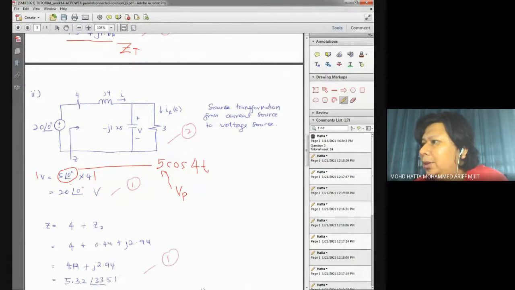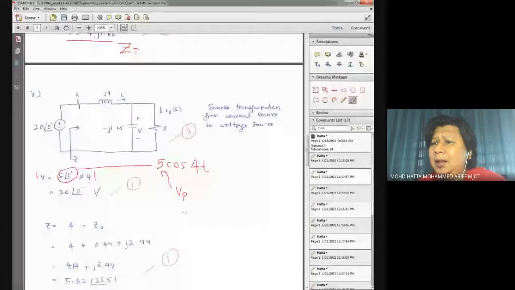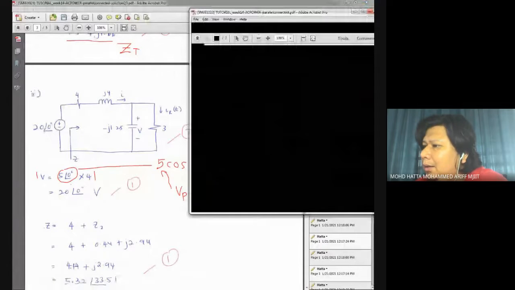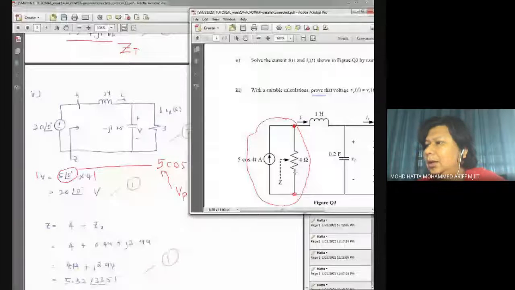Okay. All right. Let's proceed with the peak value over here because we did nothing wrong over here. The strategy in this question is that we need to use source transformation. To use source transformation, we look at the part where we have current in parallel with resistor.